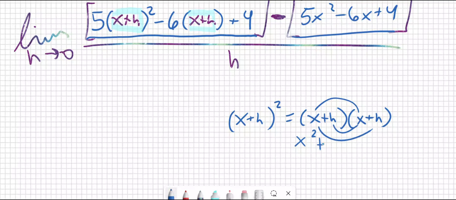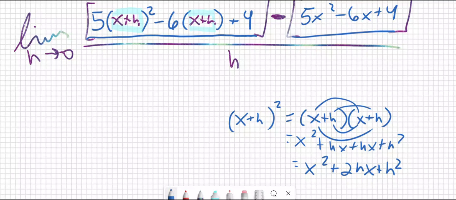My inside and outside are both hx, and my last is h times h. Eventually you'll do so many of these you probably won't even think about it anymore and you'll just skip right to this part, but be careful. X plus h squared, because of the foiling, is x squared plus 2hx plus h squared. Don't get exponent happy and just throw it in there.